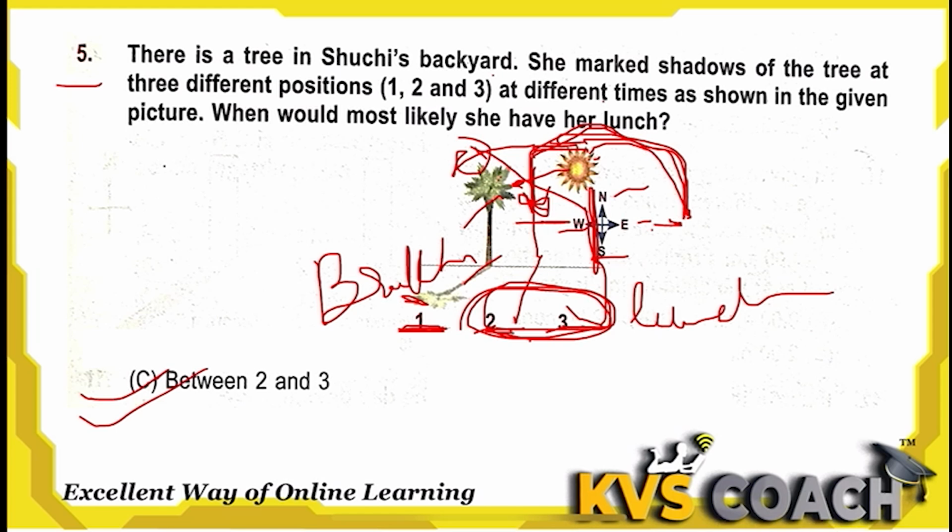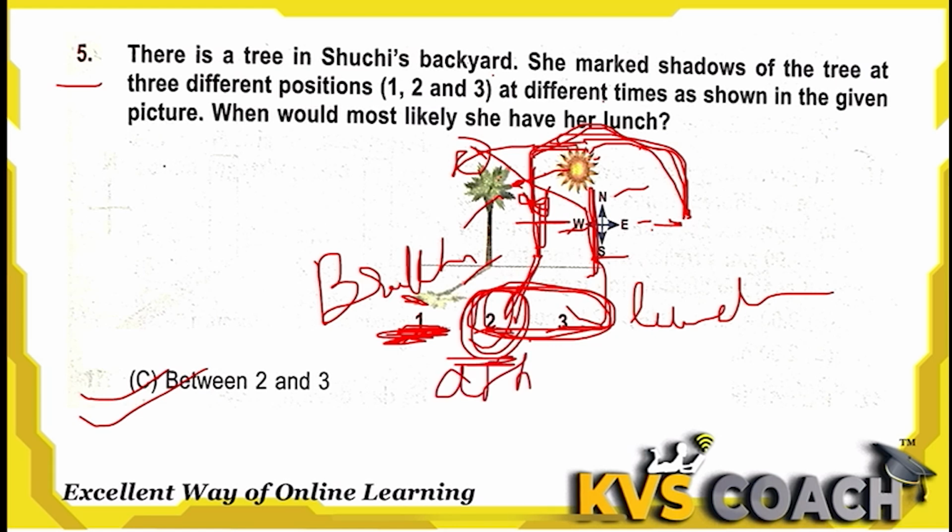Because people have their lunch in the afternoon, around 12 or 2 p.m. According to the given picture, shadow 1 is formed in the west direction. If the shadow is in the west direction, it means the sun is rising from the east. When we come to the second shadow, the sun is in the middle, because the shadow is in the south direction, which represents noon, afternoon time actually.